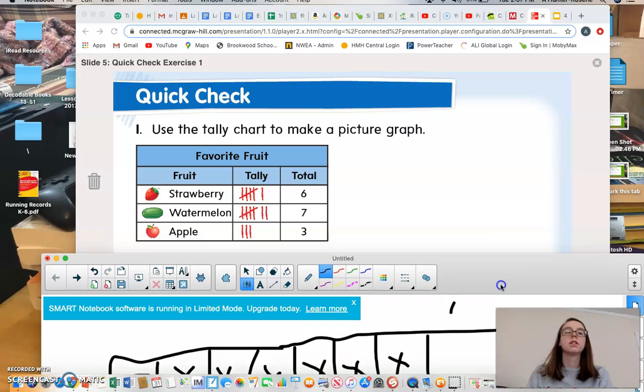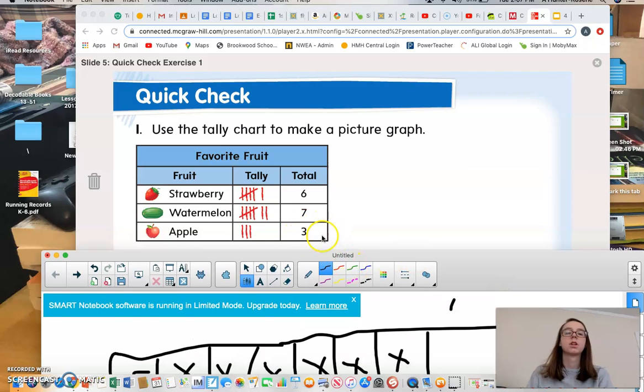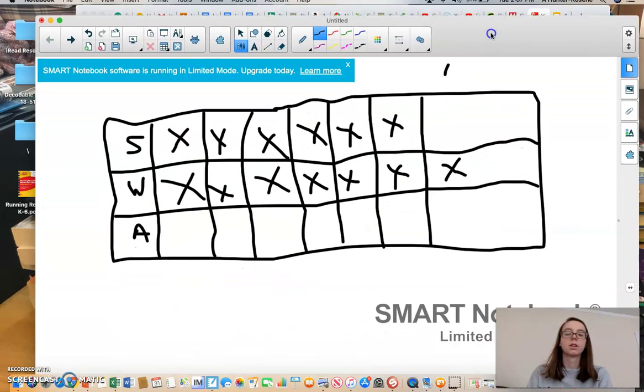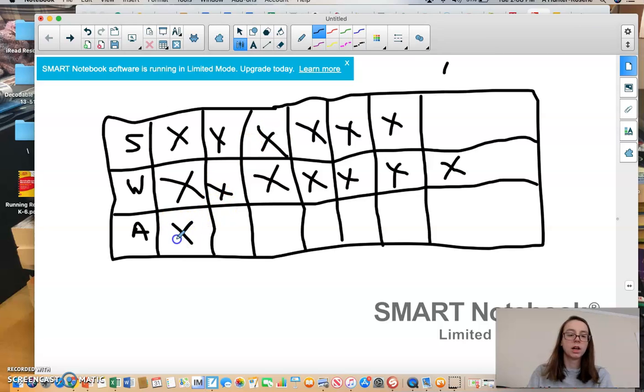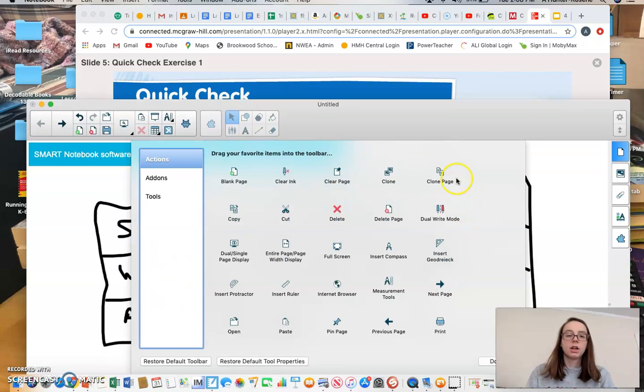And how many apples? 3. So I've got 1, 2, and 3. Which fruit had the most? Watermelon. Which one had the least? Apple. Good.